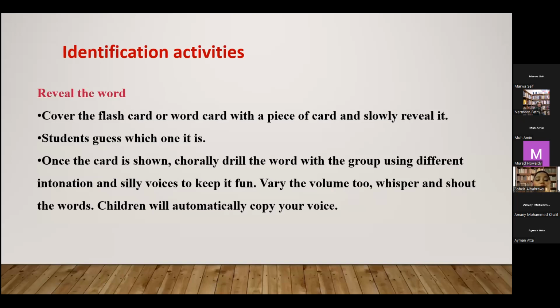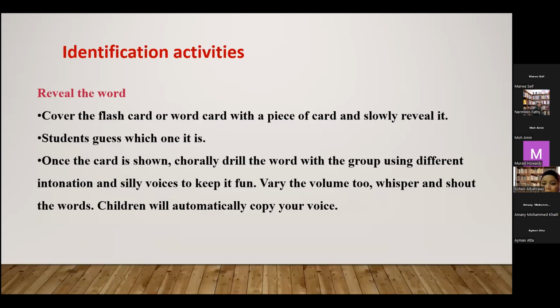And then when the card is showing and they manage to guess the word correctly, you start drilling. You ask them to listen and repeat with different tones of voice. For example, cat, cat, cat, with different tones and intonations, and they will imitate your voice automatically.